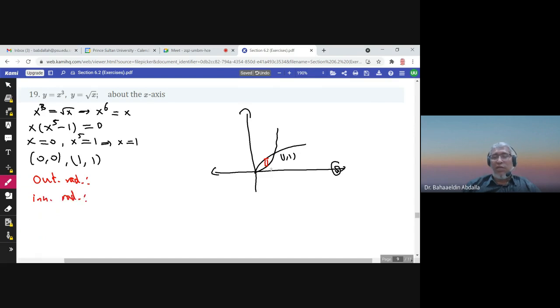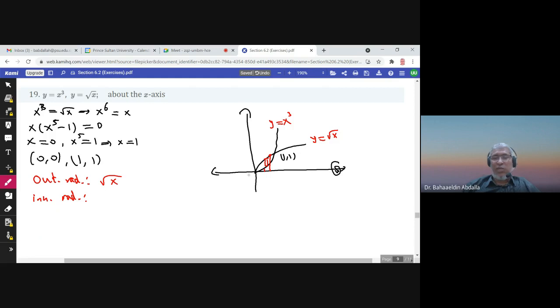Outer radius is the distance from the axis of rotation to this curve. This is the curve y equals square root of x. This point has coordinates x and y. So it is the y of this curve, which is square root of x. And the inner is the distance from here to here. And it is the y of the curve x cubed.